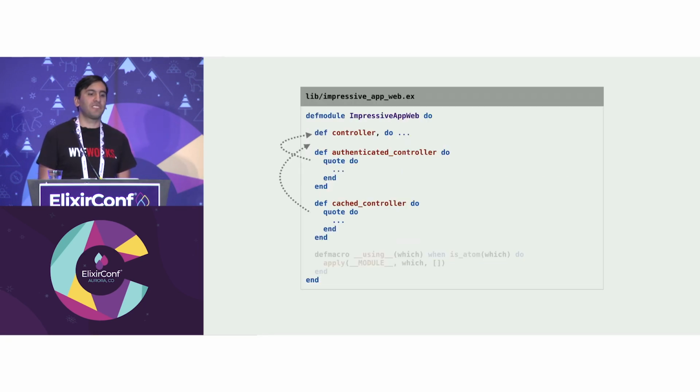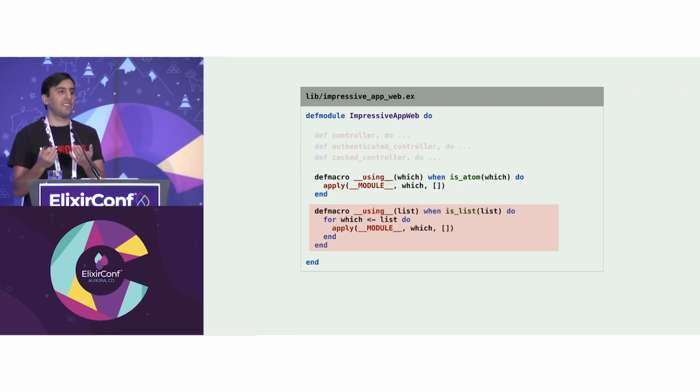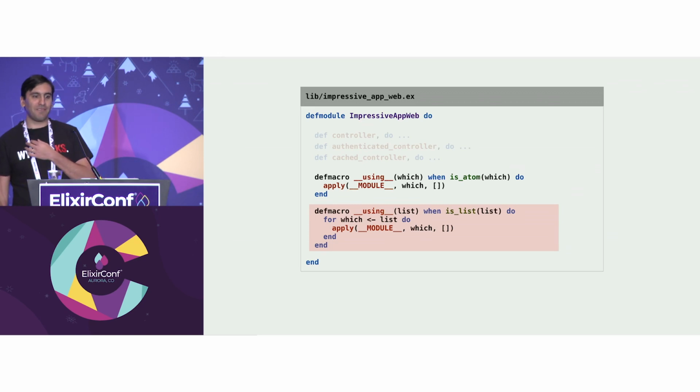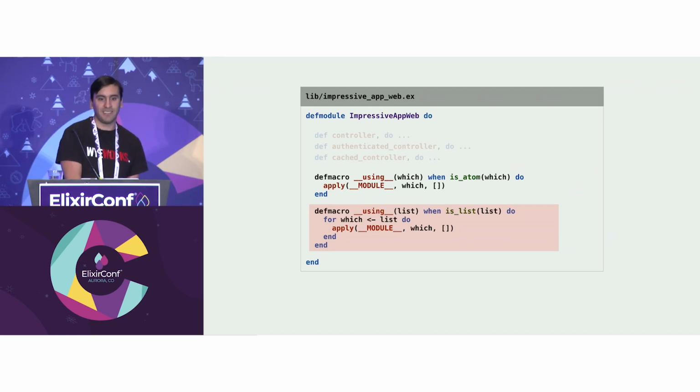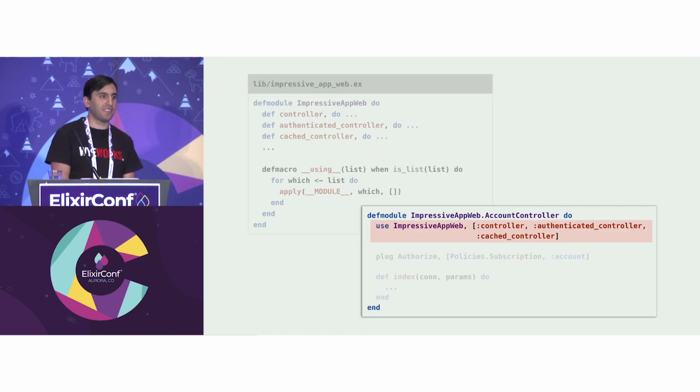Okay, let's do some changes. Let's remove this invocation from the controller function, so it's not invoked in each one. And then we can do things like this, taking advantage of, just getting inspired by the original code. In this case, I'm providing a new clause for the __using__ macro that accepts a list, and in this way we can pass a list of things.